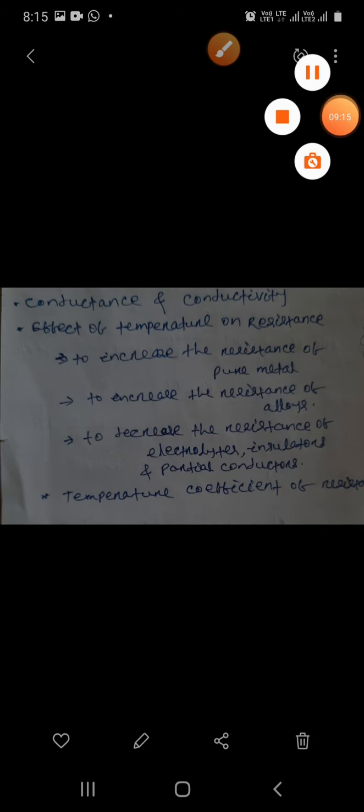Now the next effect: suppose we increase the temperature for electrolytes and insulators, insulators like paper, rubber, glass, mica, etc. Then what will happen? The resistance will decrease when you increase the temperature.